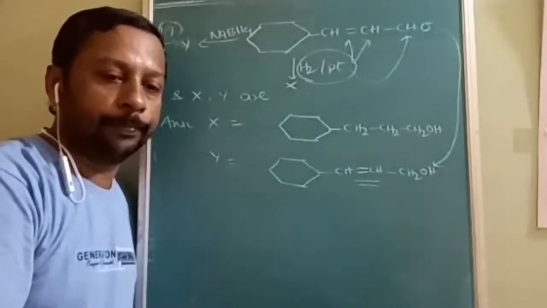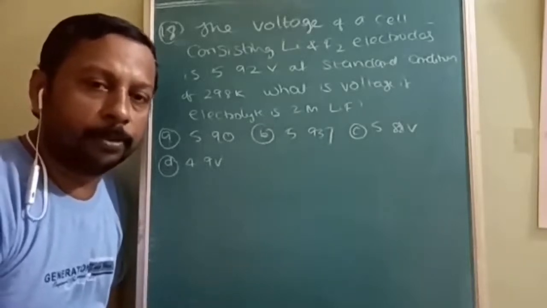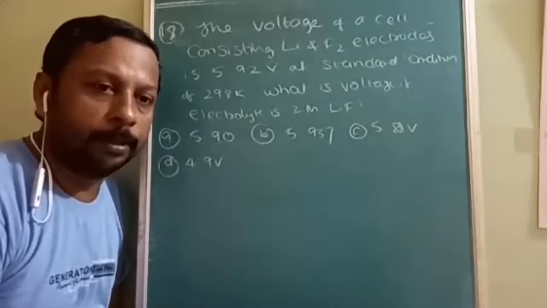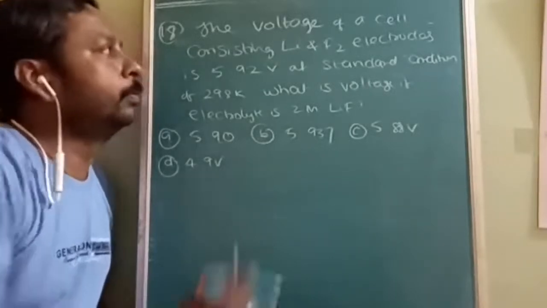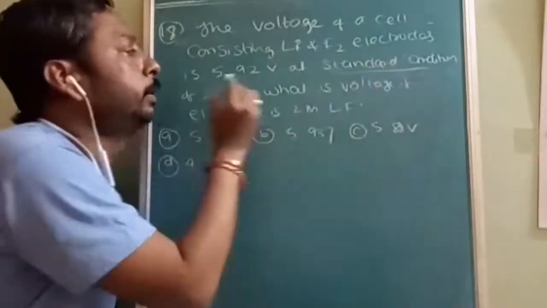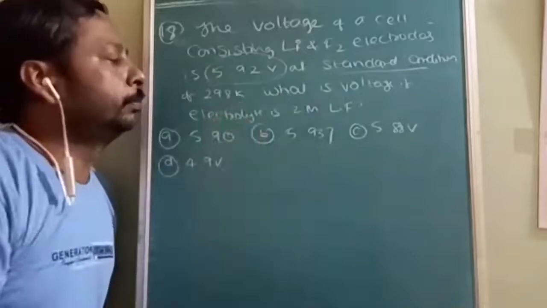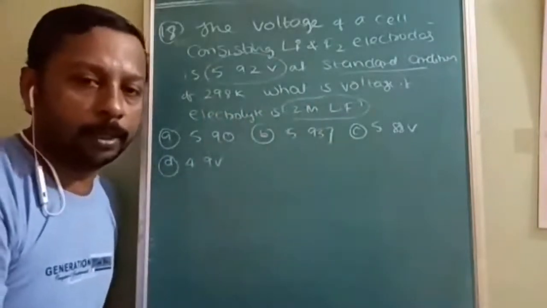Okay, next question is a very simple question from electrochemistry. The voltage of a cell consisting of lithium and fluorine under standard conditions is 5.92. You have to find the voltage when the concentration is changed to 2 molarity.